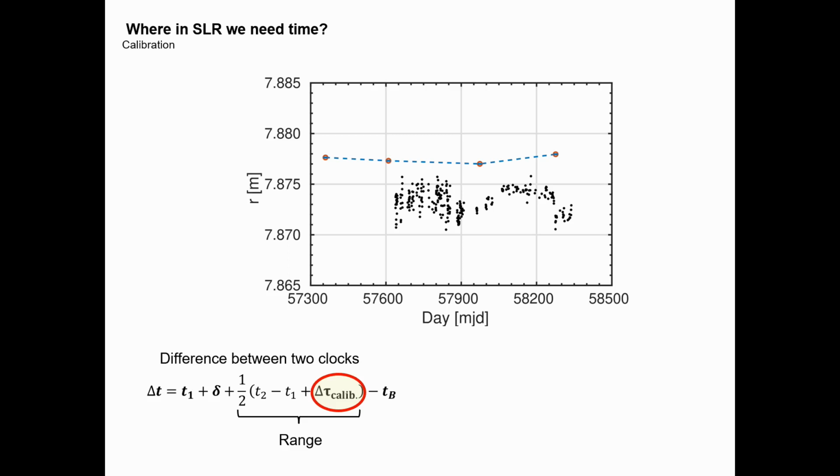Is it a real variation due to some distance changes of the detector, or is it some error which we are introducing in the system? When this is an error, it would directly go into this time difference comparison, and therefore we must always take care also about this internal or external calibration, and always question whether we are doing the job correctly, because it reflects in this equation directly.